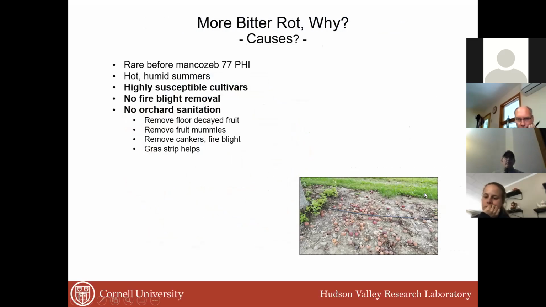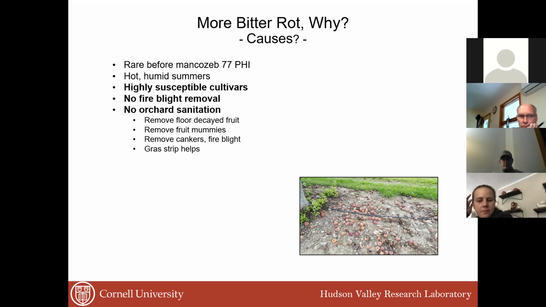So why do we have more bitter rot in recent years? Well, we know that implementation of a 77-day pre-harvest interval for mancozeb, which is a very effective fungicide for these fungi, has maybe contributed to the larger incidence.